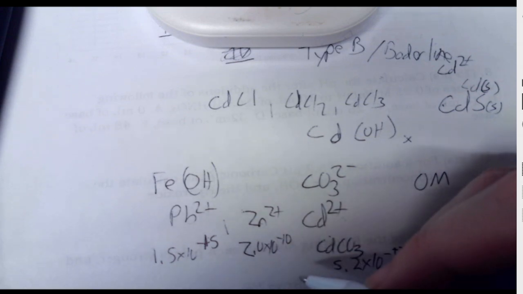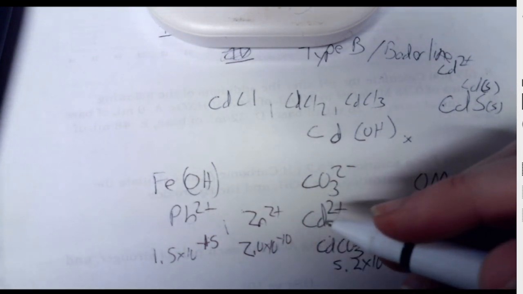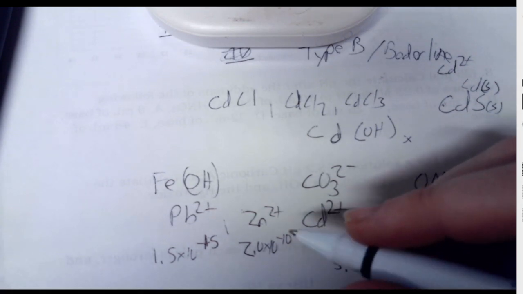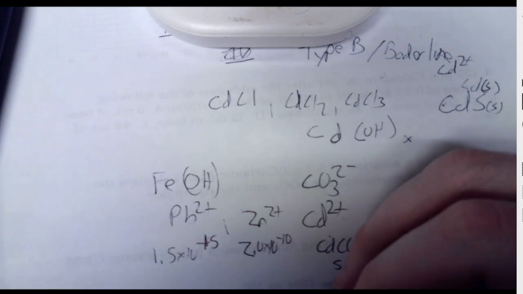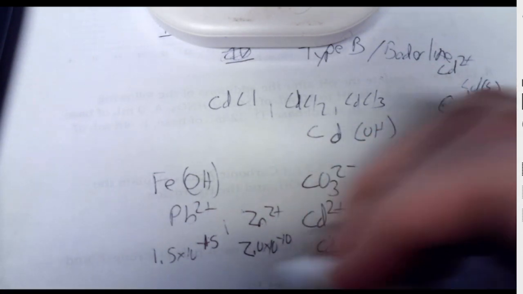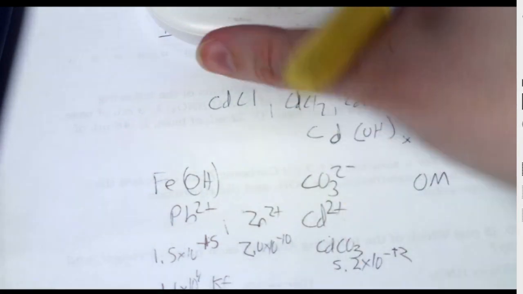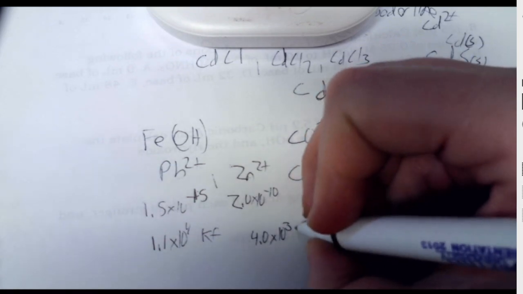As far as the bonding with humic material, we can find data for both lead and zinc that are pretty good. So we could probably predict cadmium being similar. I looked up, and lead is like 1.1 times 10 to the 4th for the KF of bonding to humic matter, and zinc is like 4.0 times 10 to the 3rd for the KF.